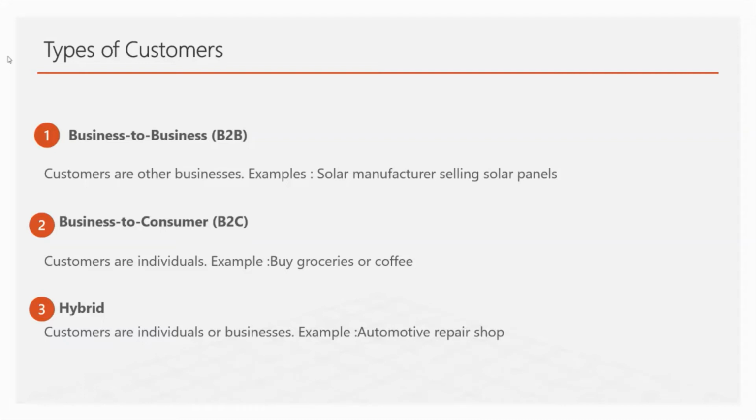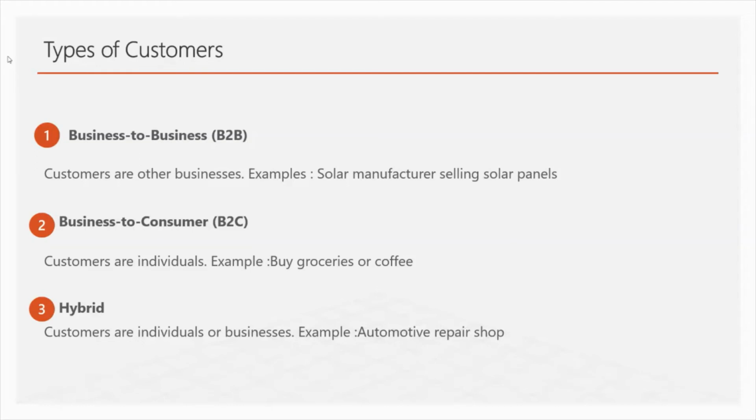For example, a solar company manufacturing solar panels for bulk retailers. In this case, the customers are other businesses, because a retailer is buying solar panels from the manufacturer. So these two businesses are the customers. This is the B2B business model.